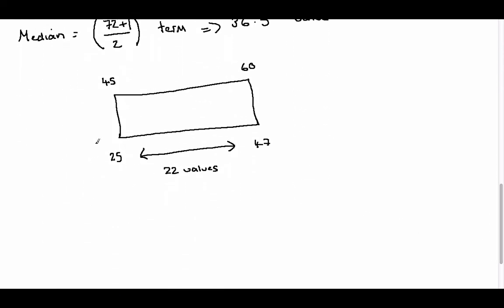So what I say is I start off at 45 and then I want to go across till I get to the 36.5 value. So it's somewhere around here.